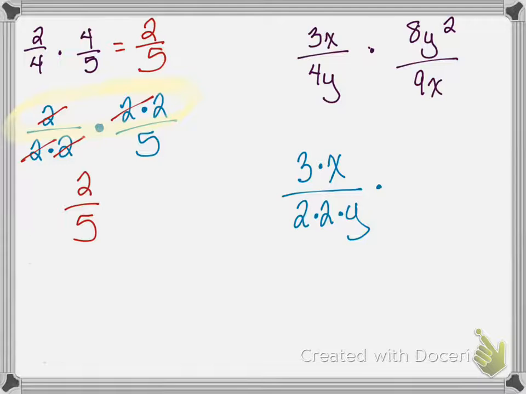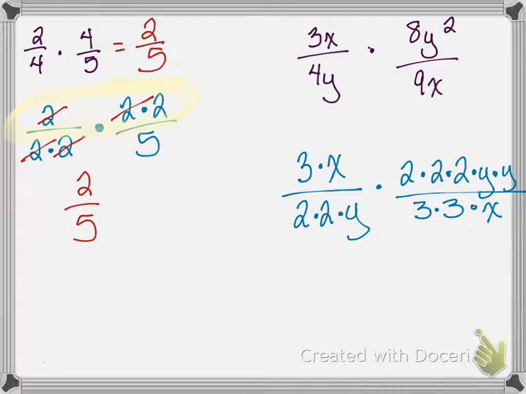So if you need to do a factor tree on 8, do it. So I have 2 times 2 times 2 times y times y. Okay? 9. What does 9 break down to? Okay, don't forget your variables.